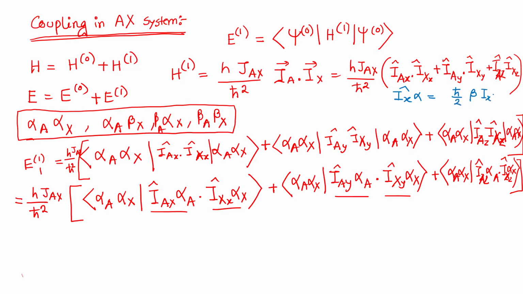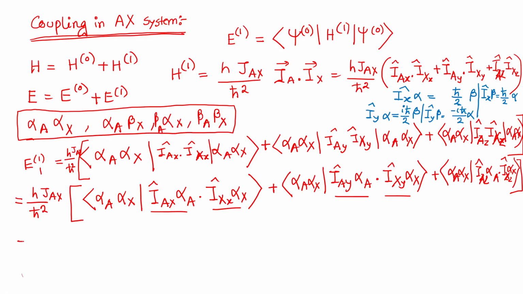When Ix operates on beta, it gives H cut by 2 alpha. Similarly, when Iy operates on alpha, it gives back beta, but with i H cut by 2. And when Iy operates on beta, it gives minus i H cut by 2 alpha. The others we know, right? How Iz operates, so I'm not writing them.